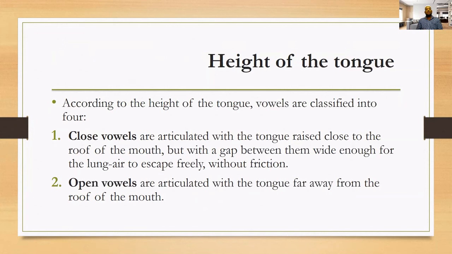Second, open vowels are articulated with the tongue far away from the roof of the mouth. Closed vowels, close to the roof of the mouth. Open vowels, far away from the roof of the mouth.